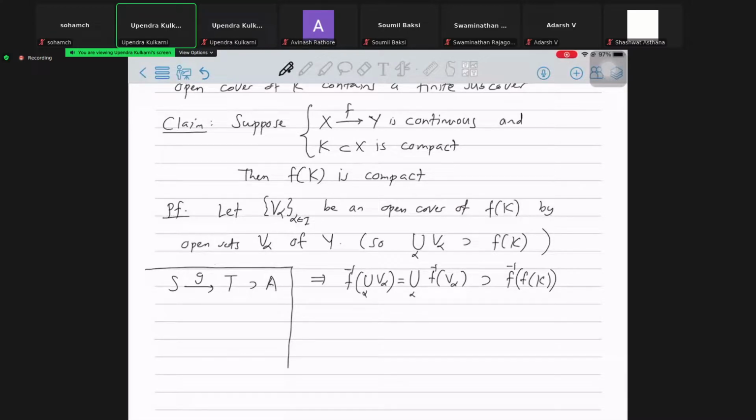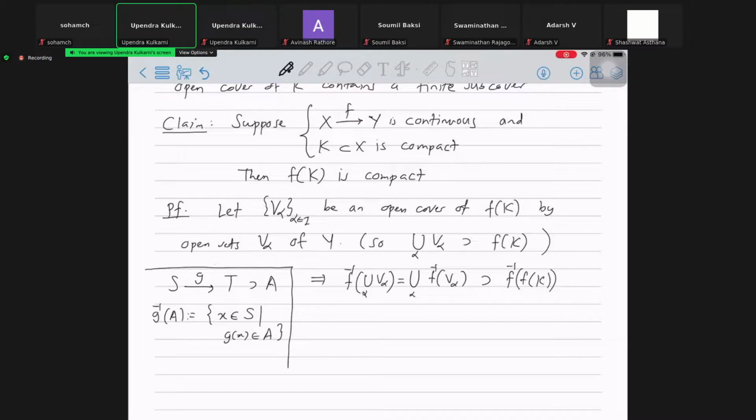So the situation that I've written on the left is just set theoretic. S is some set, T is some set, g is some set function, and A is a subset of T. So what is g inverse of A? By definition, it's just those elements x in S such that g of x is in A. So for example, to address your question, if the set A does not contain any image, can I take g inverse of that?